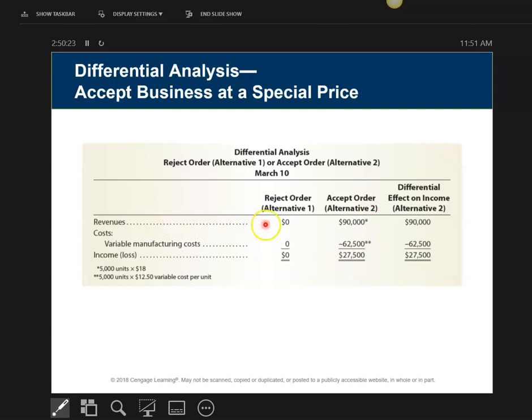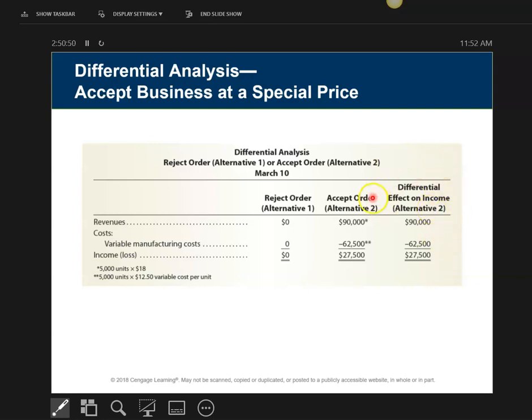So let's go across. There's a $90,000 difference. So I'm actually increasing my revenues by $90,000. So that's positive. Under cost, I'm going to be spending more money. So that's negative. So now I come over here, 90,000 minus the 62.5 gives me a positive 27,500 effect on my income if I say yes.